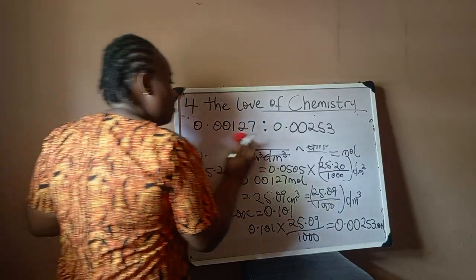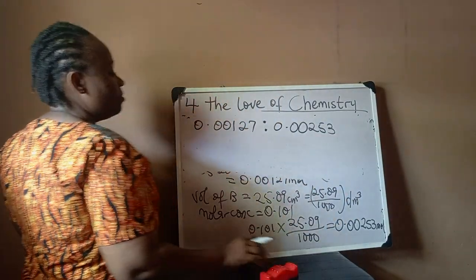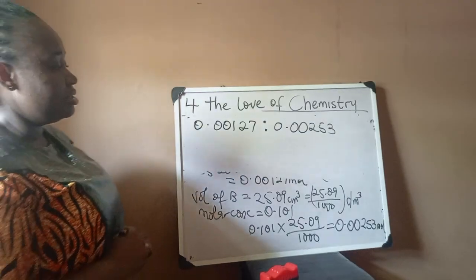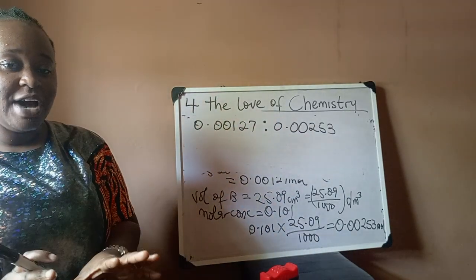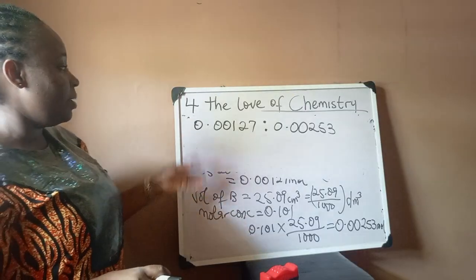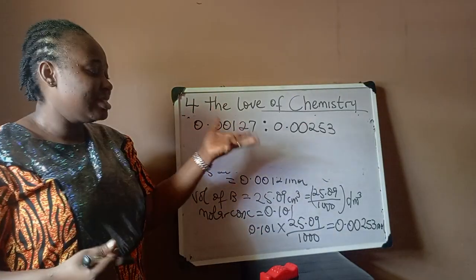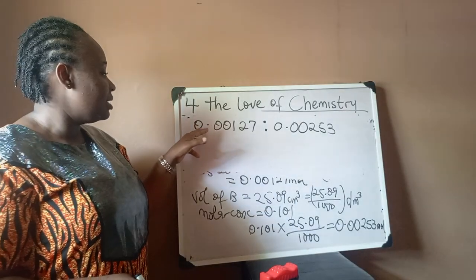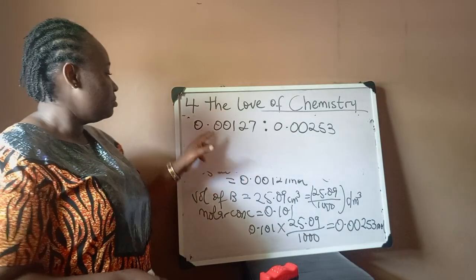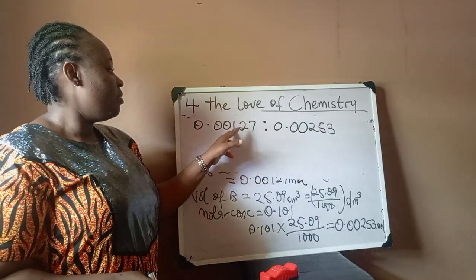So remember in your empirical and molecular formula, when you have to express a mole ratio, what do you do? You divide by the smallest number. So which of these is the smallest? This can be a little bit confusing. Let's see, 0.0001.